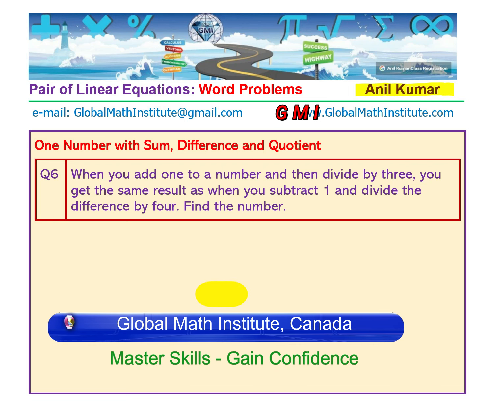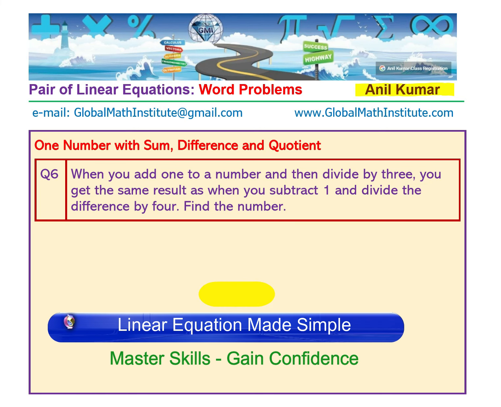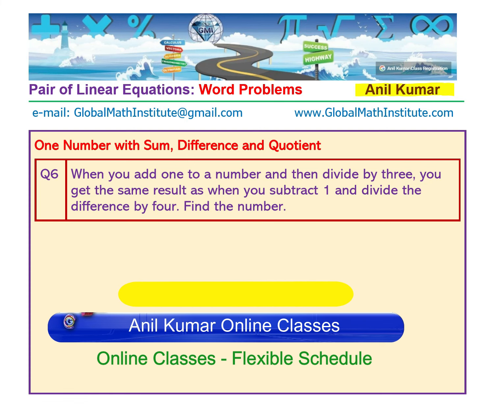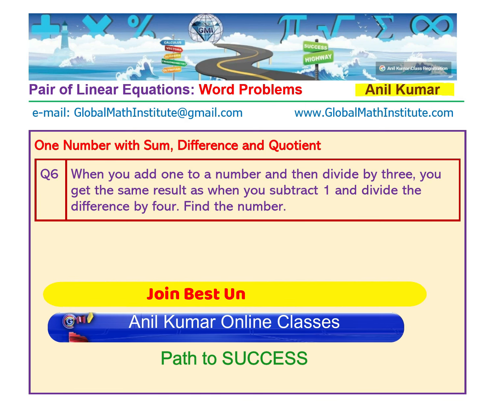In this video, we are going to discuss a word problem where, using a single variable, we are going to solve the equation. Let's see how we can do it. Question number 6 here is: when you add 1 to a number and then divide by 3, you get the same result as when you subtract 1 and divide the difference by 4.